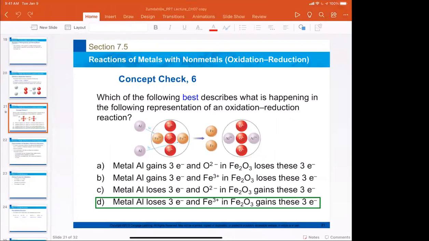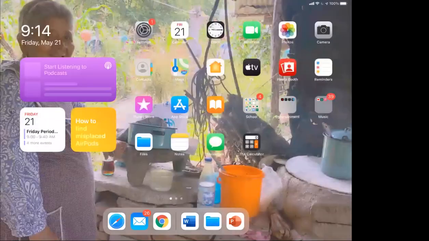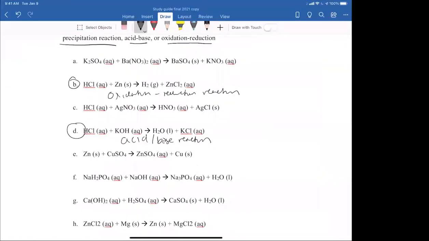So aluminum is transferring its electrons over to iron, Fe, and oxygen has a new partner. Anytime one replaces another, like hydrogen replacing zinc, and they switch partners, that's an oxidation reduction reaction.